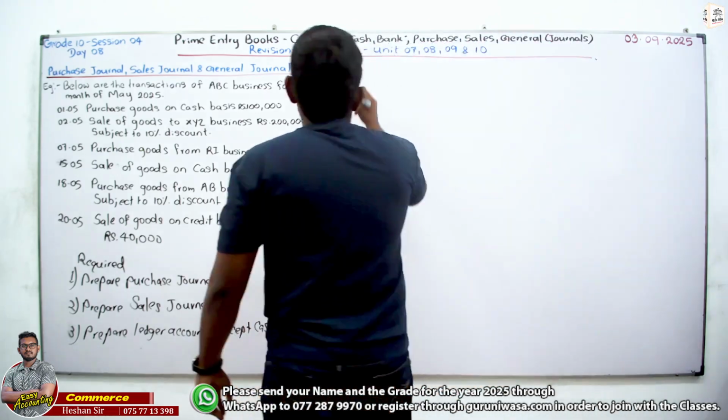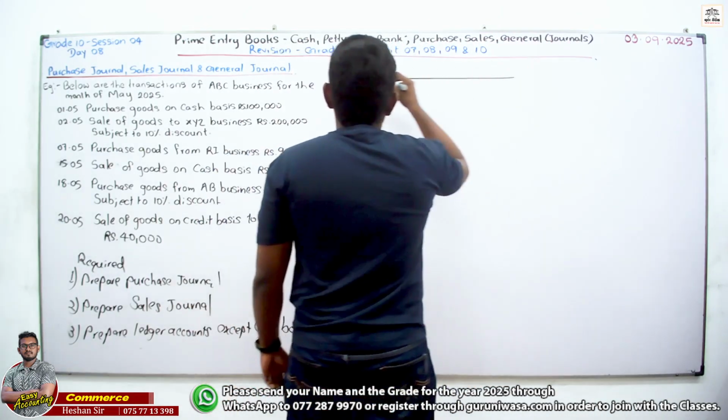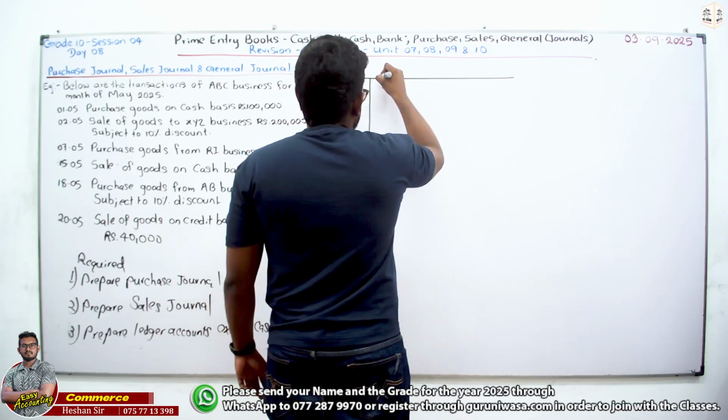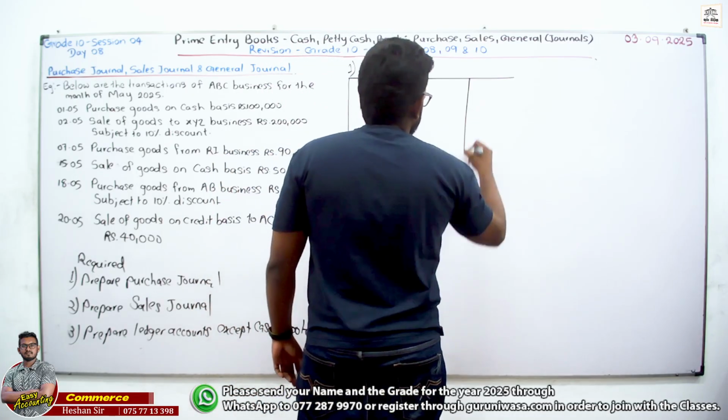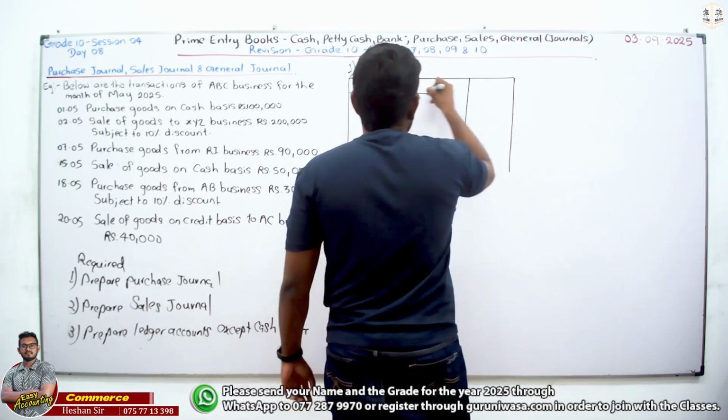I'll start with number one. In number one, asking the purchase journal. You know the format: date, invoice number, supplier, and the value, in rupees. In the date column, I'll write 2025. Write with me.